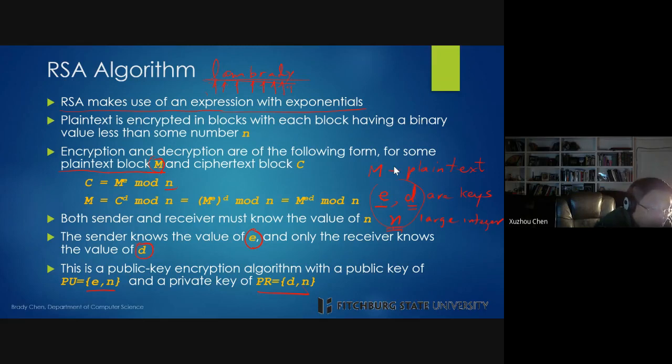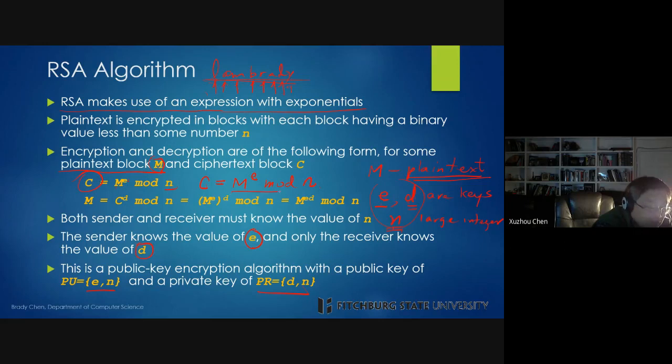We can encrypt the message. Let's say m is the original message, which is actually a number, an integer. Let's generate another integer, which is the ciphertext. Here's what we do: m to the power e, modulo n. This generates a number c.